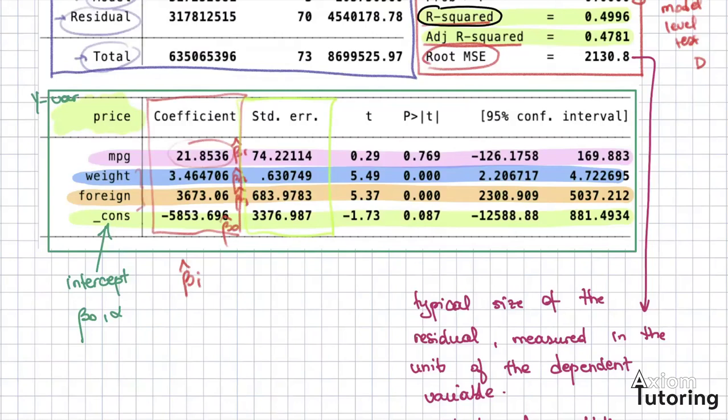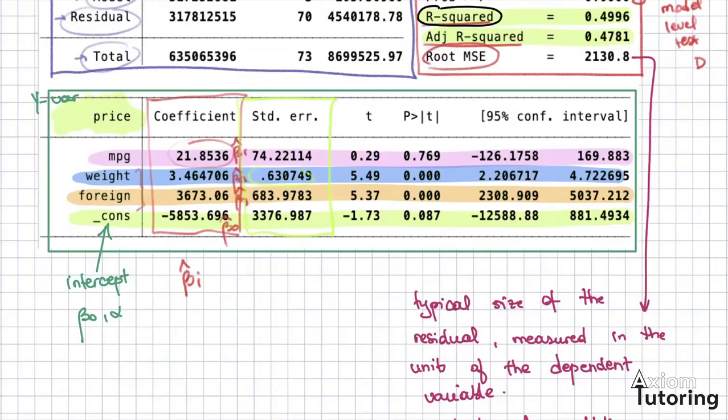And in this case, weight, as you can see, has a very small standard error, while the miles variable has quite a high standard error. So you can already create certain expectations that something that has a small standard error is most likely going to give me a more precise estimate, while something that has a large standard error is going to give me a very noisy estimate.